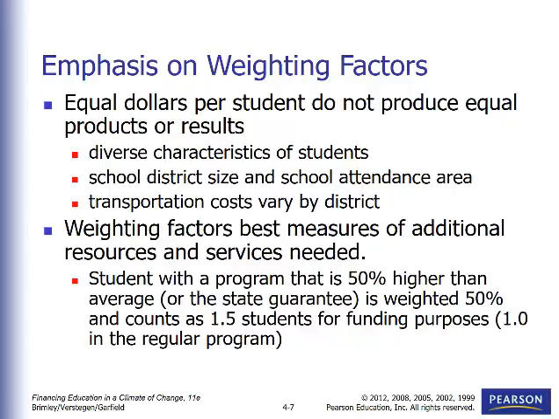We know that they cost more, and so therefore we convert that into students. And the way that we do that is by looking at categorical weights. Okay, so students with a program that is 50% higher than average, where the state guarantee is weighted 50%, count as 1.5 students for funding purposes.